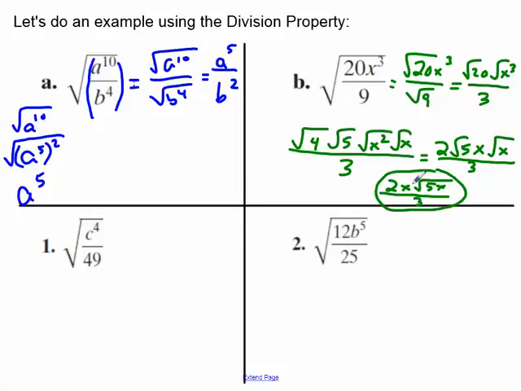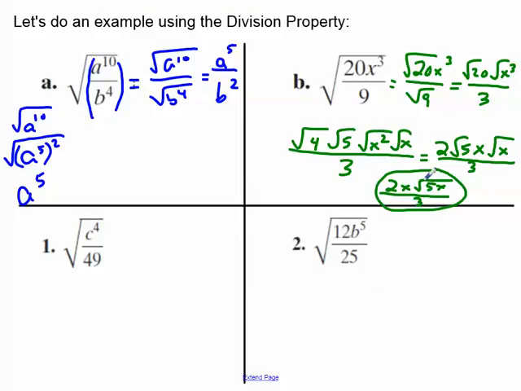Simplify if we can. 2 and 3 don't cancel. So there's our answer, 2x square root of 5x over 3. It is simplified because all the radicals are simplified. There's no fraction inside the radical, and nothing inside the radical can be simplified. In other words, x to the first power is smaller than the index of 2, so therefore the x stays inside the house. Done.